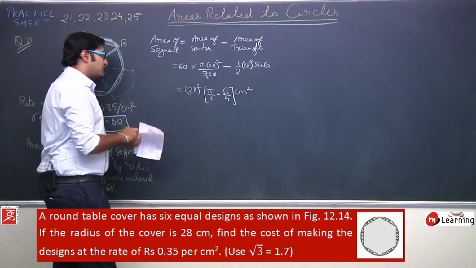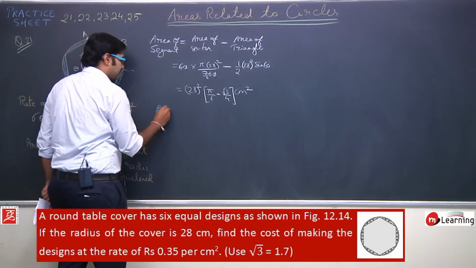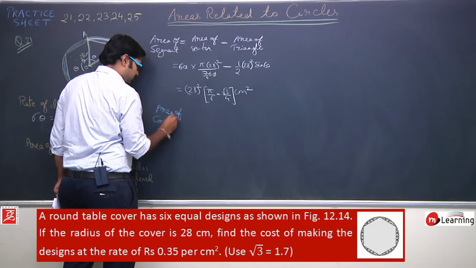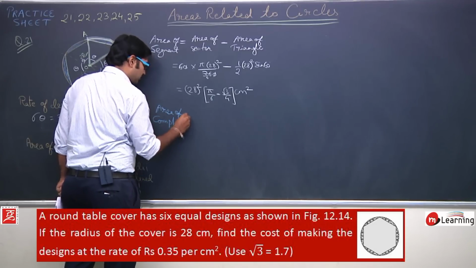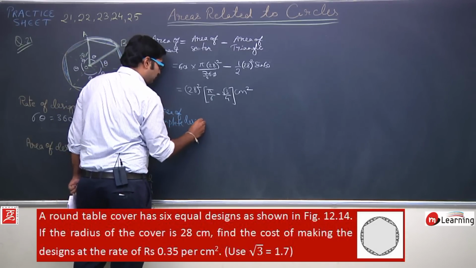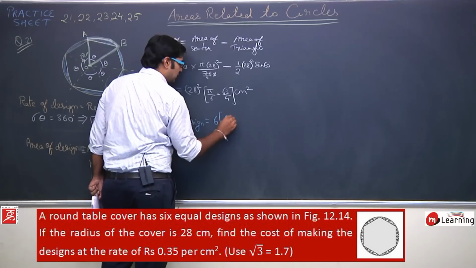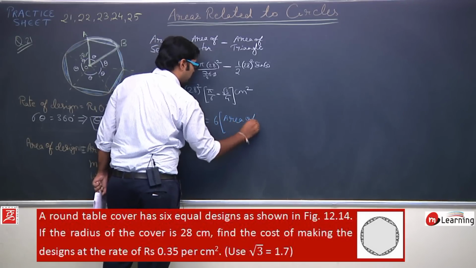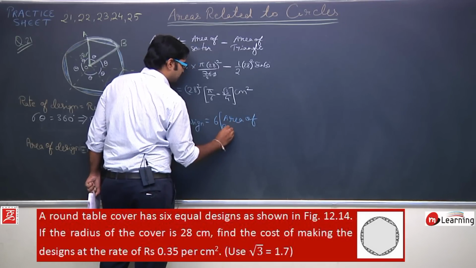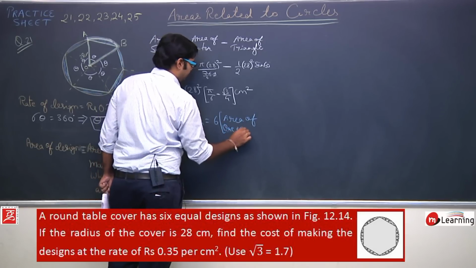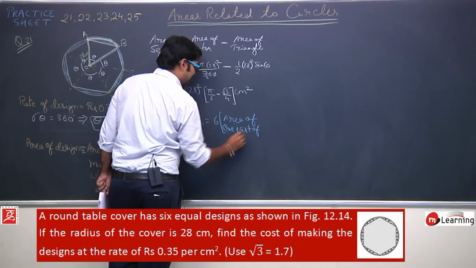So the area of the complete design is equal to 6 times the area of one part of the design.